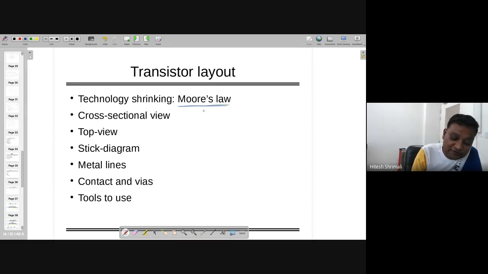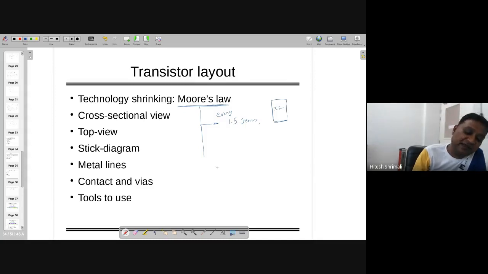Moore's law has two things which he told. Every 1.5 years, the number of transistors which can be accommodated in a given area of IC will be doubled. In the same area, the next 1.5 years, it will become double. After 3 years, it will be multiplied by 4 and so on.